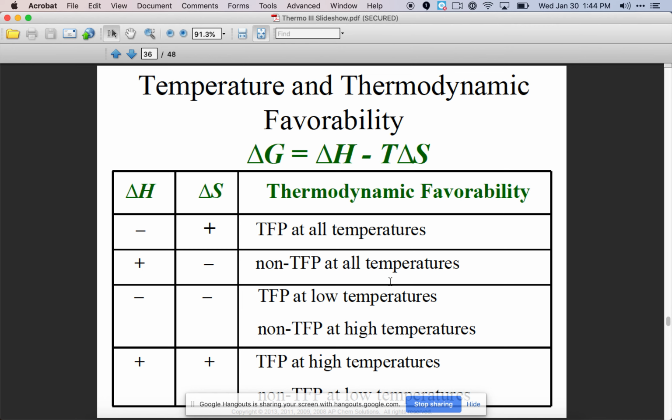Kilojoules per mole, whereas delta S is joules per Kelvin times mole. So it's always going to be a smaller number. Now, notice that when delta H is negative, if delta S is positive, the Gibbs free energy is always going to be negative. That's a given. And that makes sense mathematically. Do you agree?